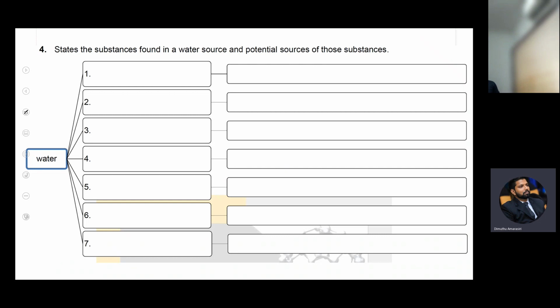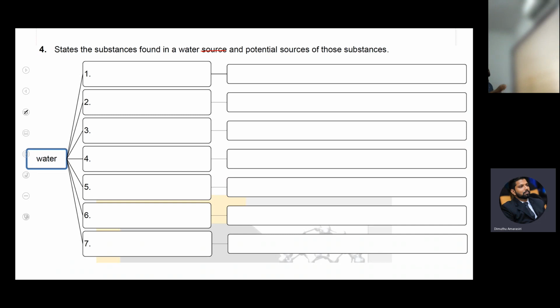State the substances found in a water source and the potential sources of those substances. Can you tell me what kind of substances you will find in a water sample? Dissolved carbon dioxide.